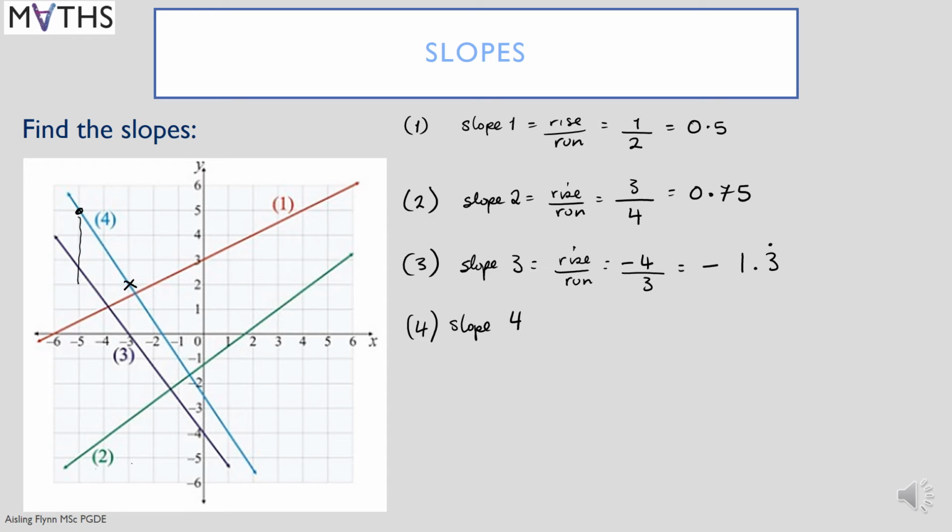So if we fall 3 and run 2, okay, I get -3 over 2, which is -1.5. So this is a negative slope showing that line 4 is falling. But 1.5 is bigger in magnitude than 1.3, so it is falling more quickly than line 3.